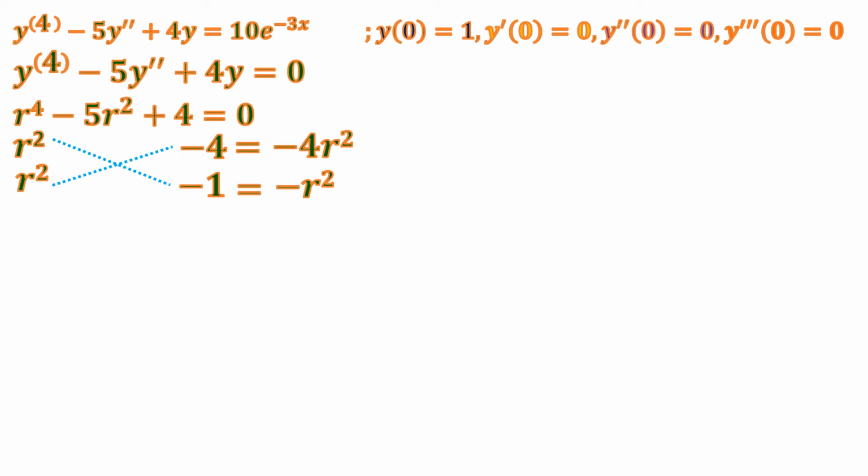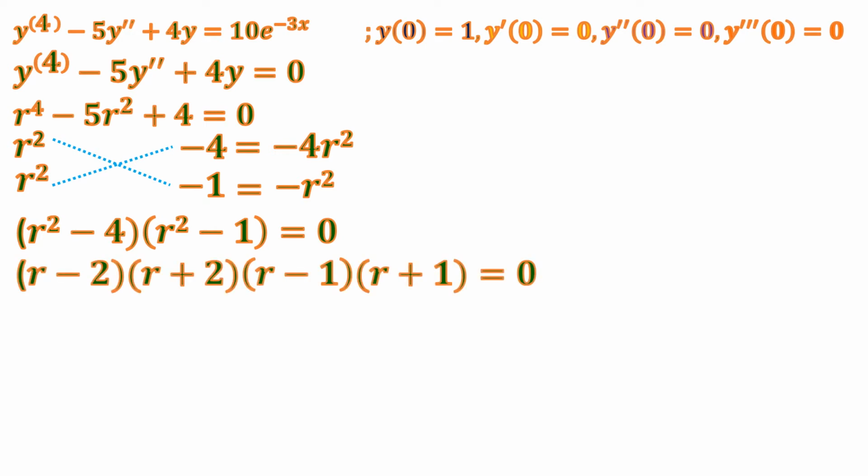So that means we now have the correct pairing, r squared minus 4 and r squared minus 1. And so we're gonna factor further, because this is difference of two squares. We will have r minus 2 times r plus 2, r minus 1 times r plus 1.